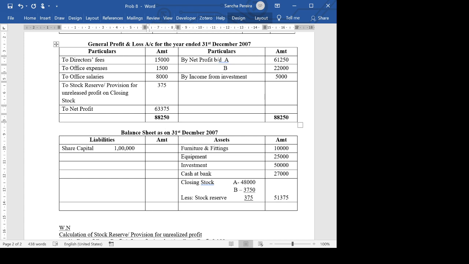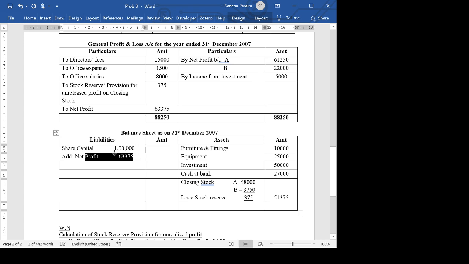Okay. And since we have the balance sheet, this net profit needs to be added to the capital. So add net profit 63,375.